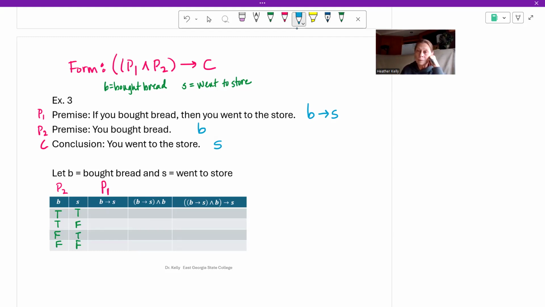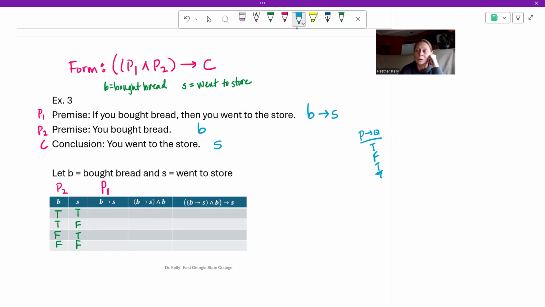Remember, the only thing that throws a false with a conditional, I'm just going to write the last row of the conditional is true, false, true, true, because it doesn't matter if it's false as the antecedent, it will always be true.